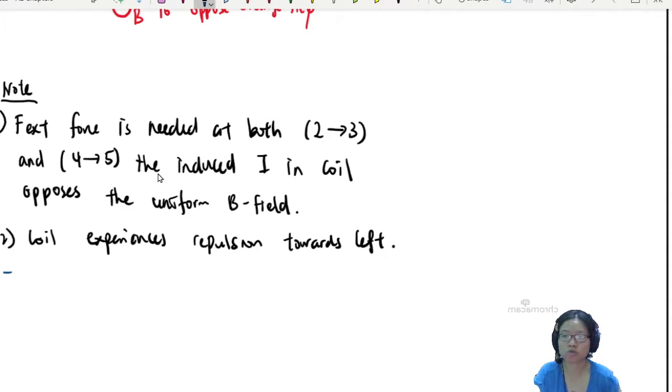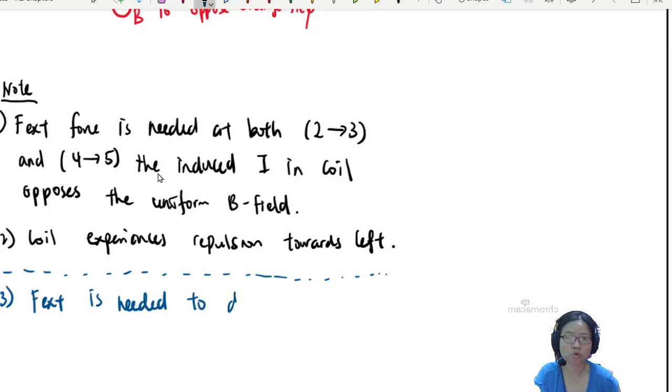Another option to talk about this, if let's say you don't want to talk about force, is conservation of energy. Or the external force is needed to do work to maintain the kinetic energy of the coil.